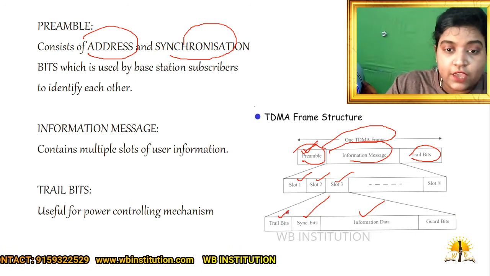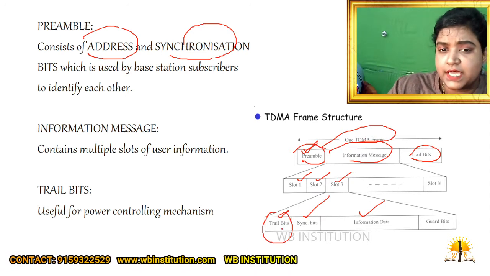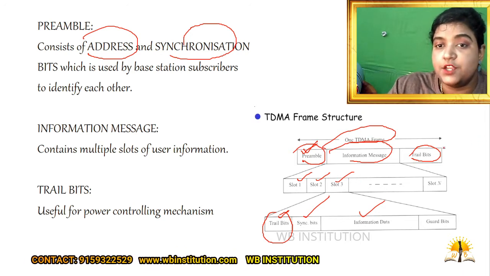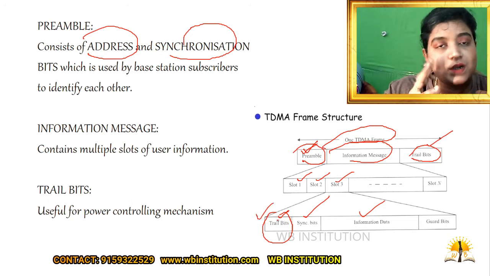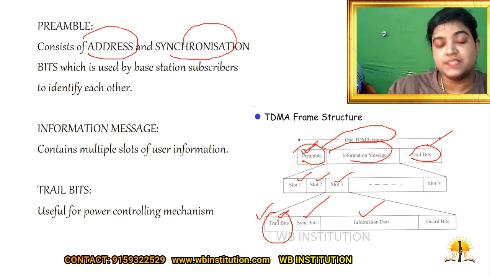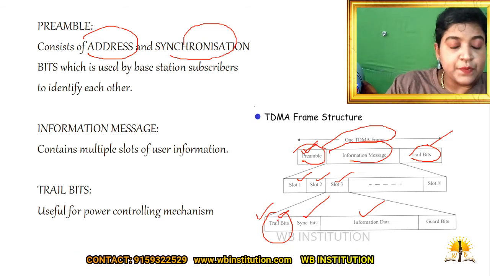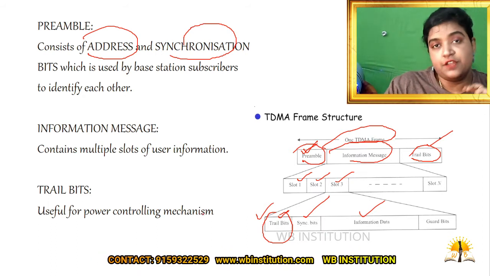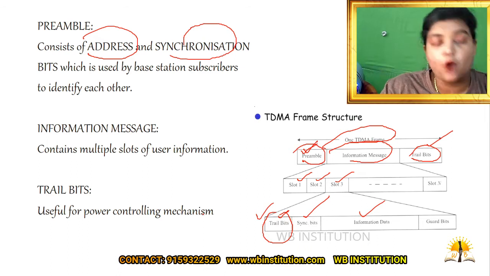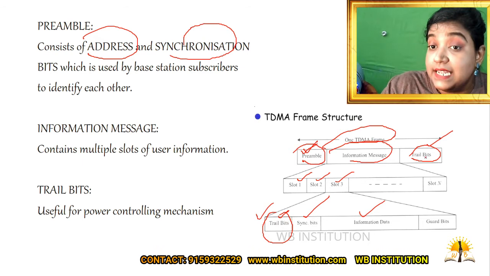Consider the trial bits. You can see the trial bits in the first segment of the slot and in the last segment of your single frame. What is the difference between the first and the last? Why is it necessary to place trial bits at the last and the first of the frame? These trial bits are very useful for the power control mechanism. Consider the last trial bits.